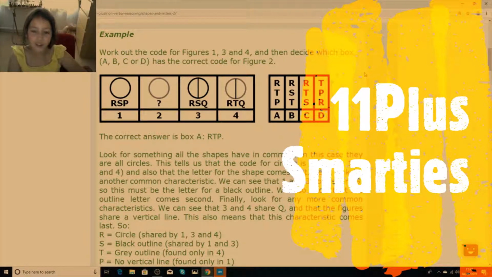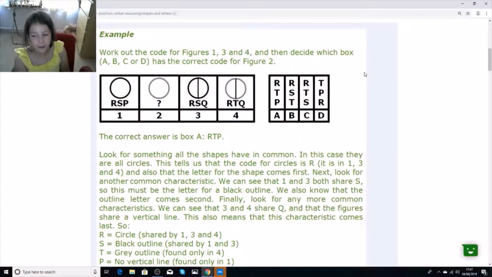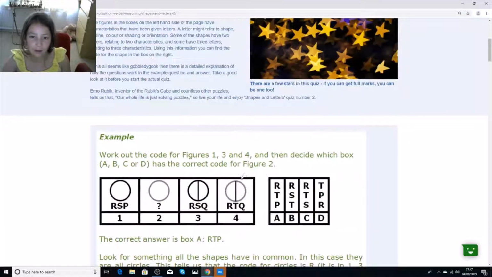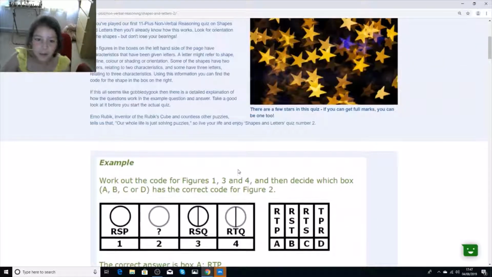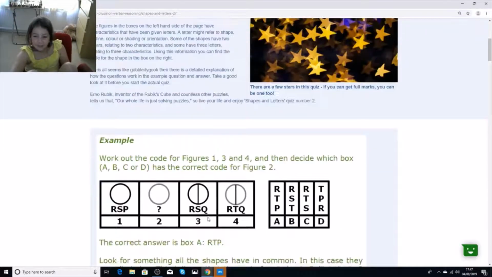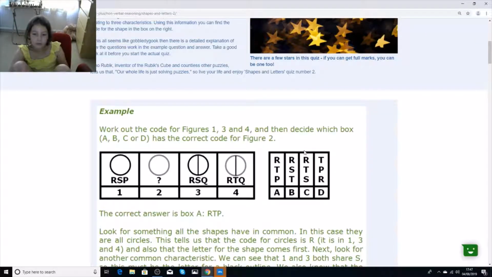Today we'll be doing shapes and letters too. We've already done the first one, so it's really no use going over it again. Now, shapes and letters is basically where there is a code for figures 1, 3, and 4, or just a code for 3 boxes, and you need to figure out the code for the other box.